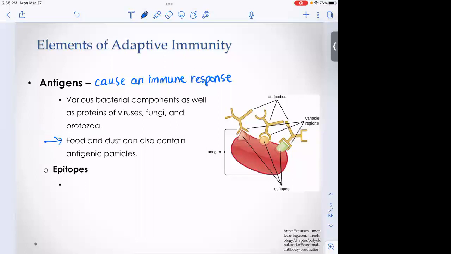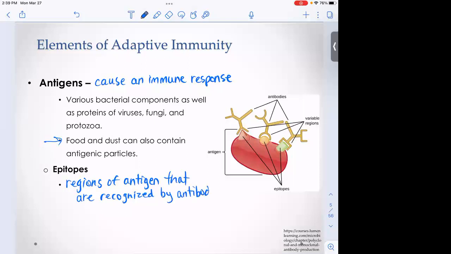The parts of antigens that are recognized by our immune system are called epitopes. So these are regions of antigen that are recognized by antibodies, B cell receptors, and T cell receptors.